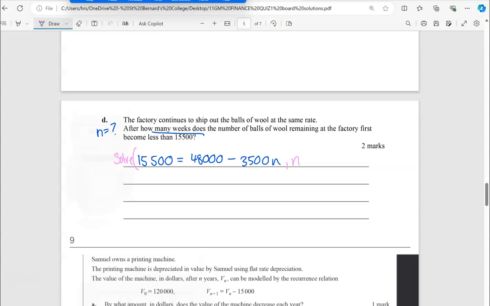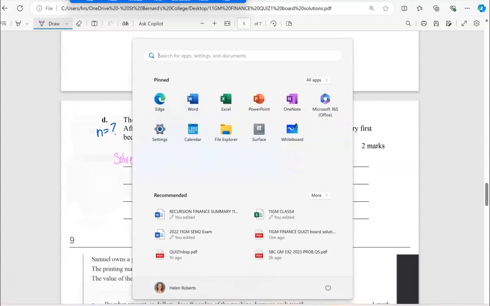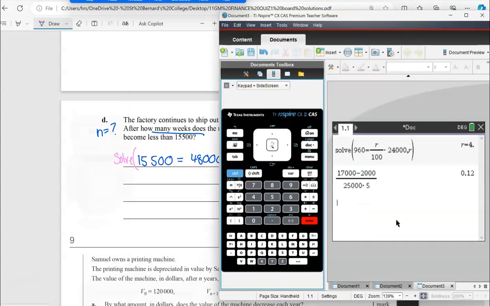So we'll go and, where's my calculator? We'll do that. So menu 3-1, 15,500 equals 48,000 minus 3,500 times N, because that was V0 in the formula. Yeah, it's the same question.